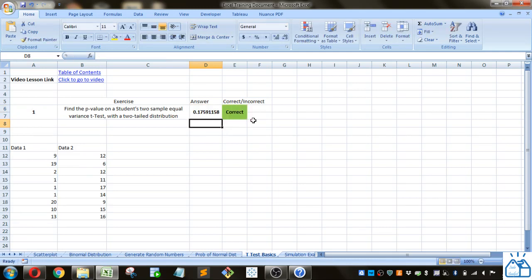And then we'll close that out. You can see the p-value is about 17.5% or 0.175. In general, people use 0.05 as their p-value threshold.